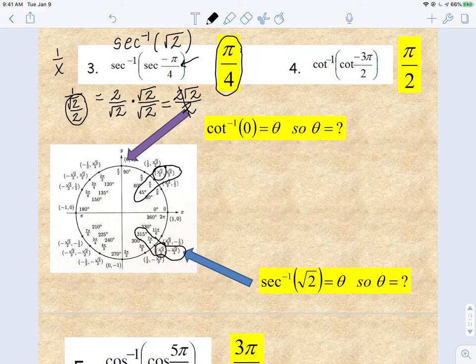And let's look at number 4. We've got the inverse cotan of negative 3 pi over 2. Remember, cotan is the flip of tan, so cotan is x over y. So let's take a look at negative 3 pi over 2 on our unit circle. And negative 3 pi over 2 is actually going to be up here.